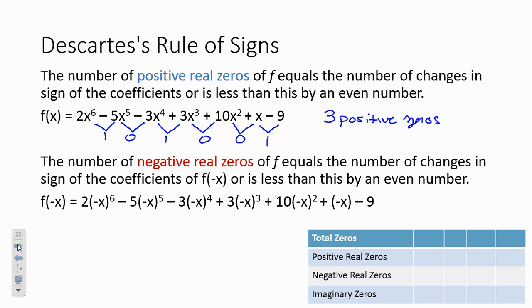But there's a kicker here. The number of positive zeros is equal to the number of sign changes or less than this by an even number. So we can take away 2 of them and have 1 positive zero.